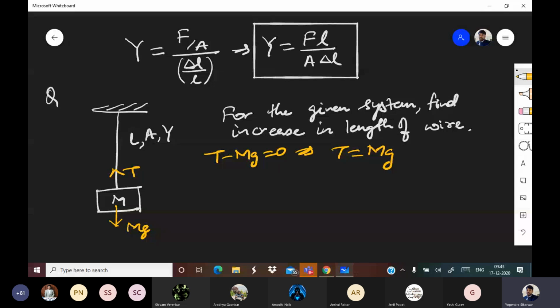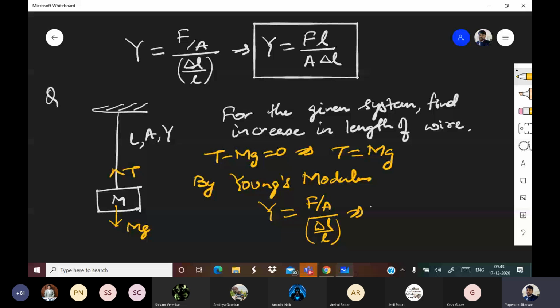Now by Young's modulus, Y is equal to F upon A upon delta L by L. So Y is Y, F is Mg upon A upon delta L by L, right?